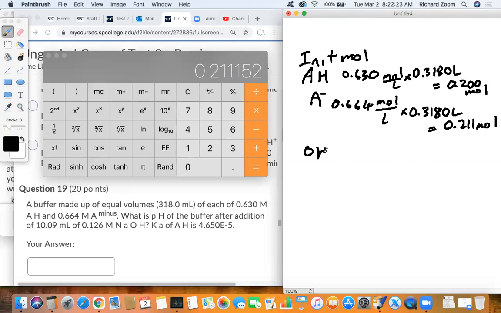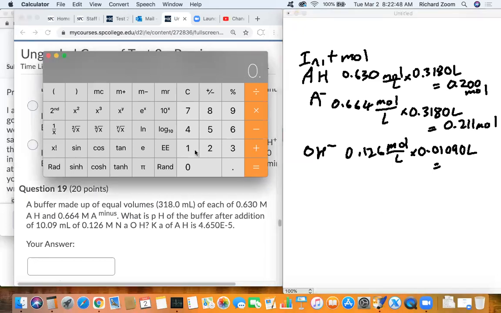And we're also going to get the OH- here as well. And that's going to be, let's see, 0.126 times 10.09. And that's going to be 0.00137.